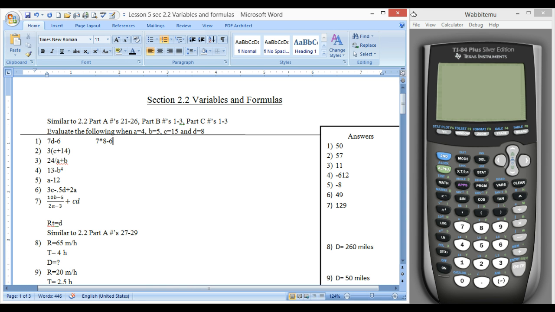Then using your order of operations, I like to use the little saying, please excuse my dear Aunt Sally, and I know that sounds funny, but it stands for please, parentheses, do those first. Excuse stands for exponents, so you do those next. My and dear actually happen at the same time.